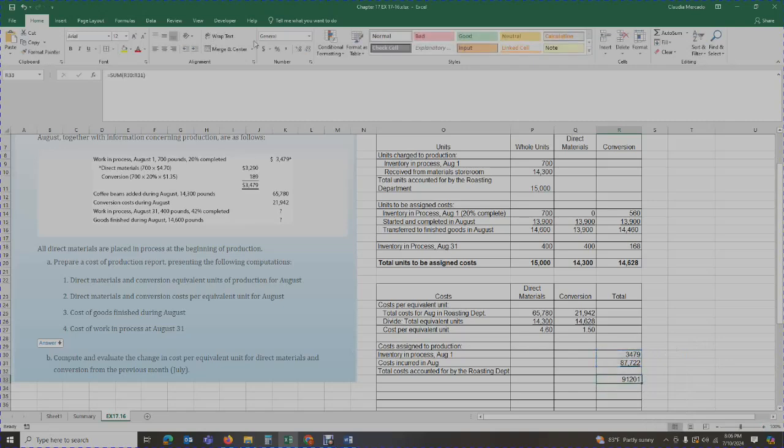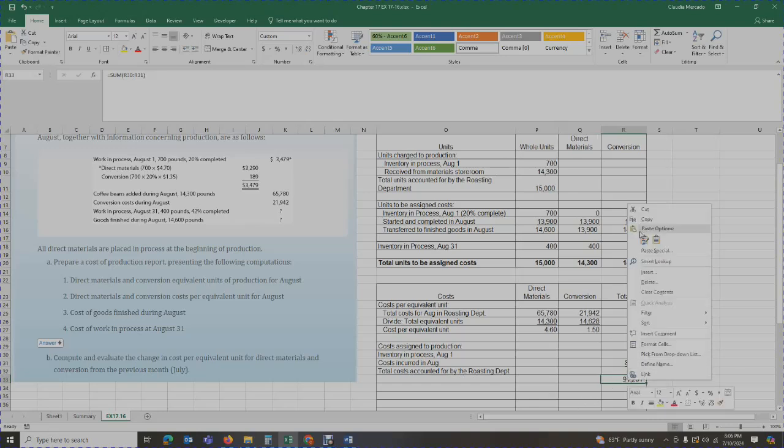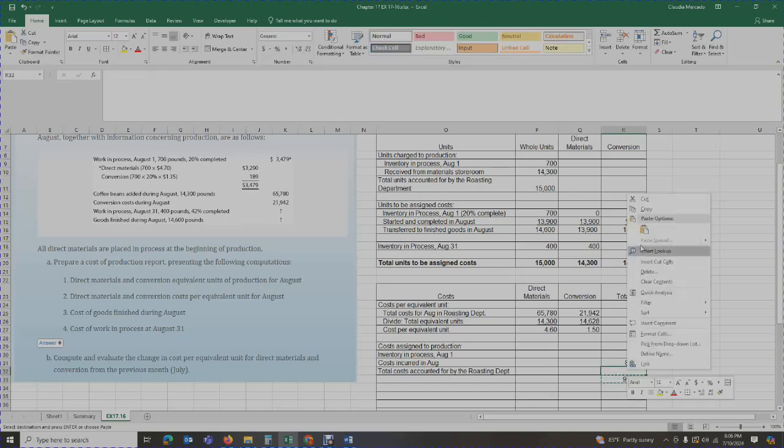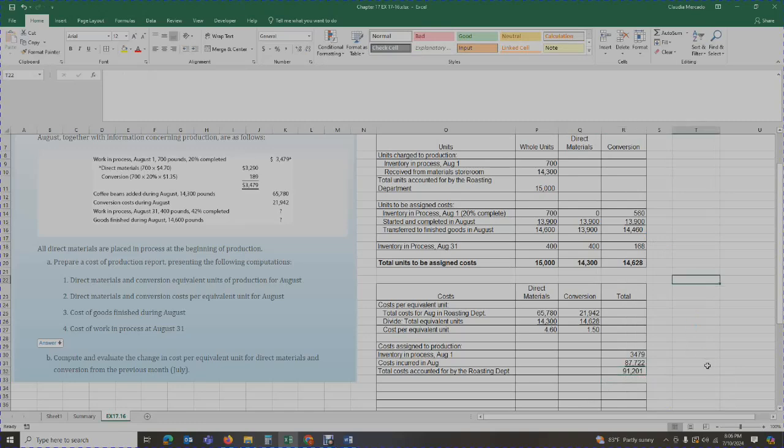And that gives me 91,201. Okay, so that is the total cost accounted for by the roasting department. I put it in the wrong one. Let me cut it and paste it up here. Okay, 91,201.